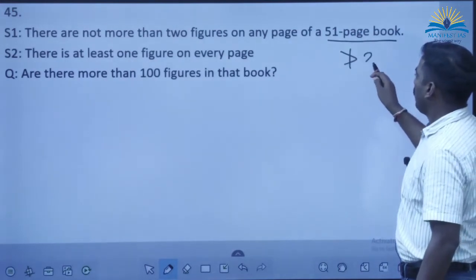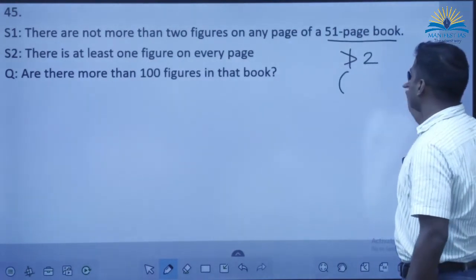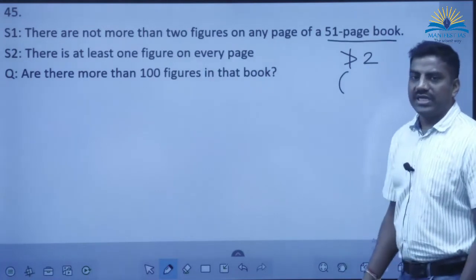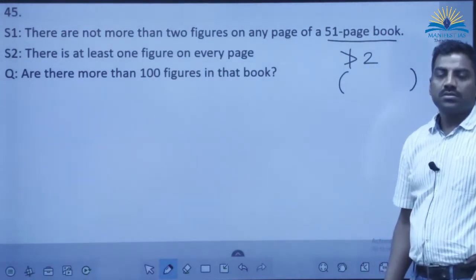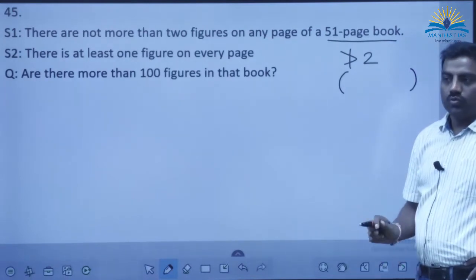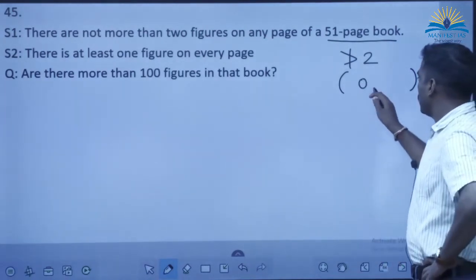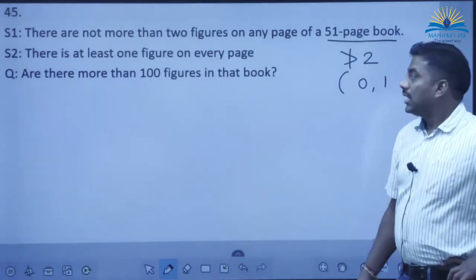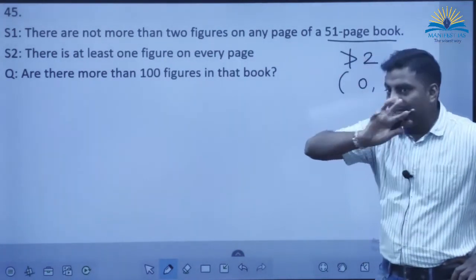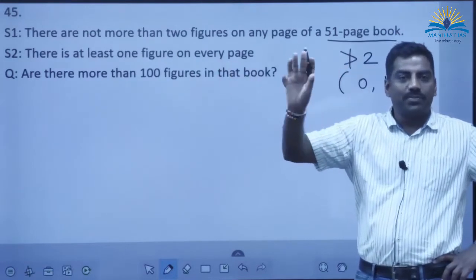So what are the possibilities of the number of figures on each page? Not more than 2. 0 or 1. Correct? Now go to question. Don't read the second statement at all, otherwise your mind will be corrupted.